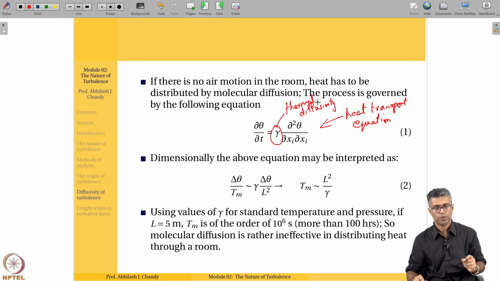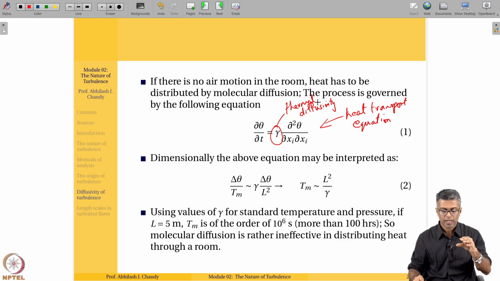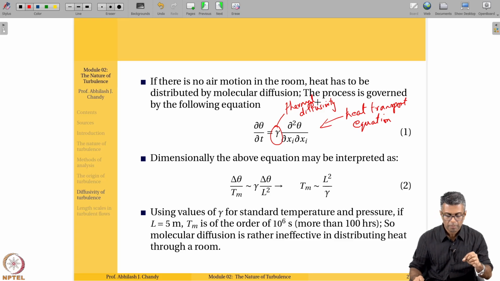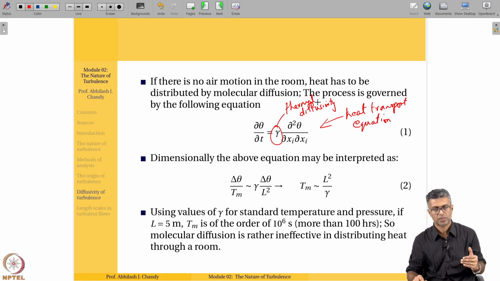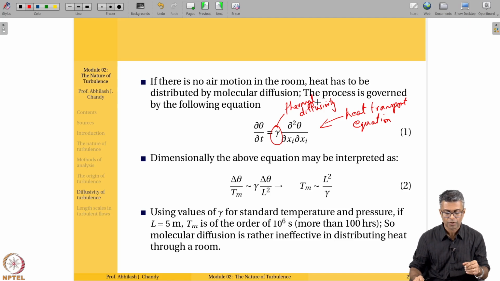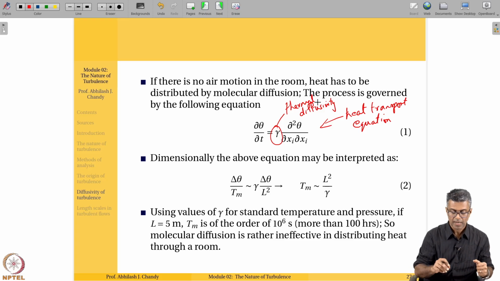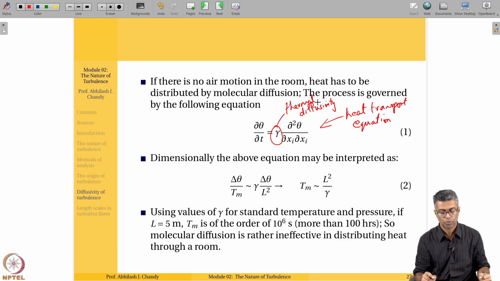So I'll dimensionally analyze this equation by representing each quantity in it as scales. On the left hand side, del theta can be interpreted as delta theta, as in equation number 2 that I'm showing here.